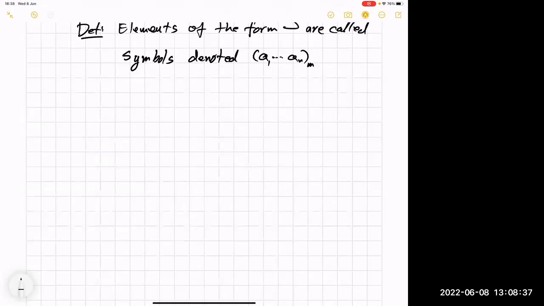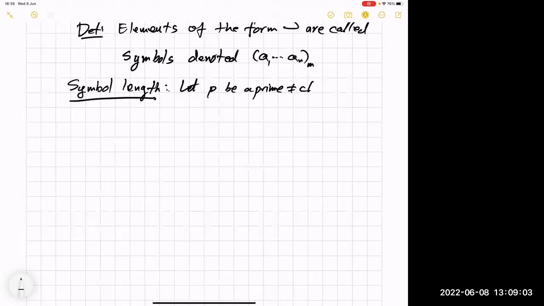So what is the symbol length question? Let's talk about the symbol length. Let p be a prime different from the characteristic of the base field, and let t be smaller than r, just two integers.